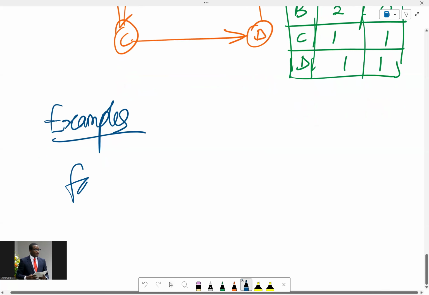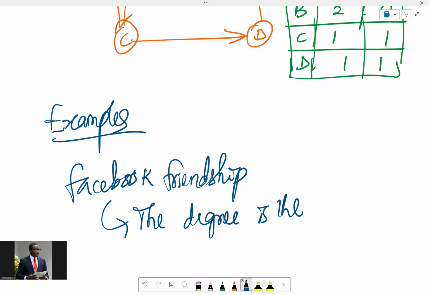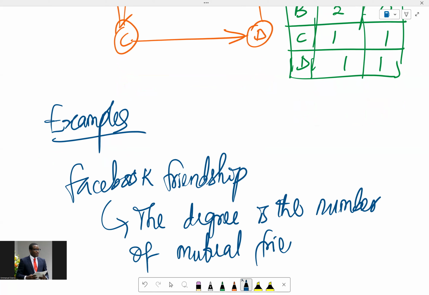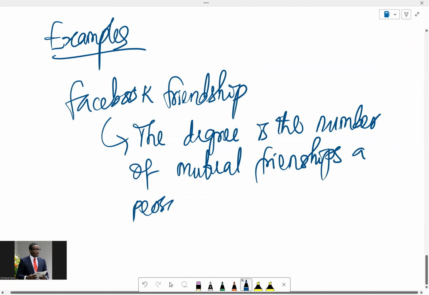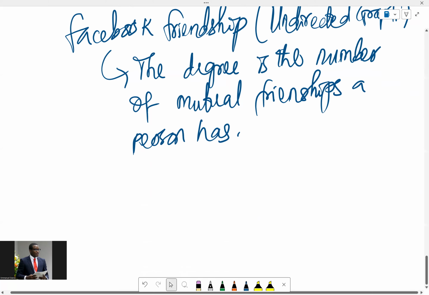So for Facebook friendship, the degree is the number of mutual friendships a person has. Okay. And of course, that's like an undirected graph. Okay. Then that's one.